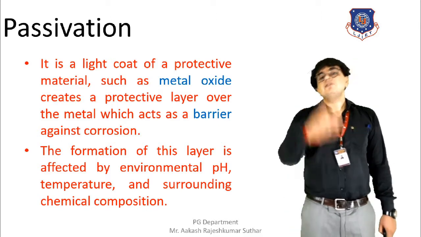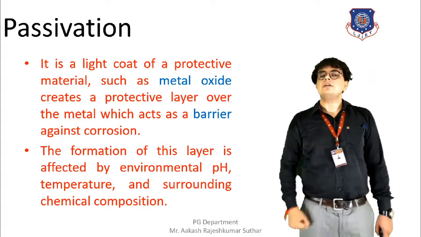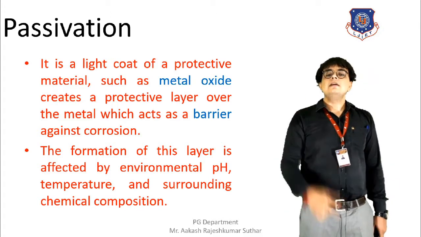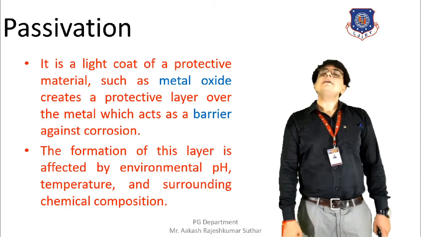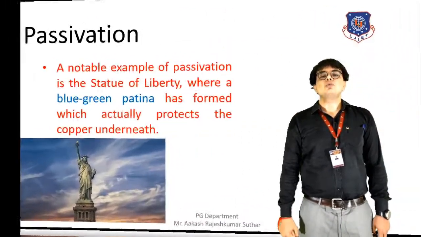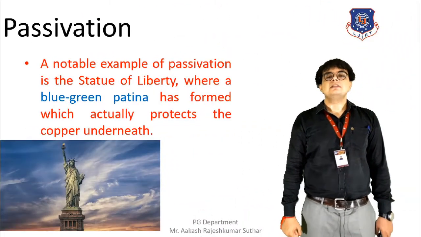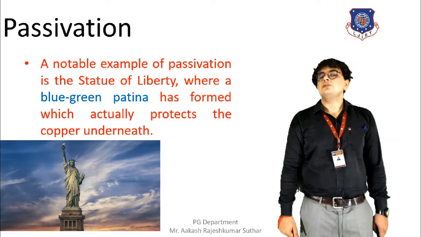So by formation of this layer, the pH will be controlled, the temperature will be controlled, and the surrounding chemical composition will be controlled, and by doing so the chemical process will get passivated, and we can say that the corrosion can be prevented, and its intensity can also be reduced.